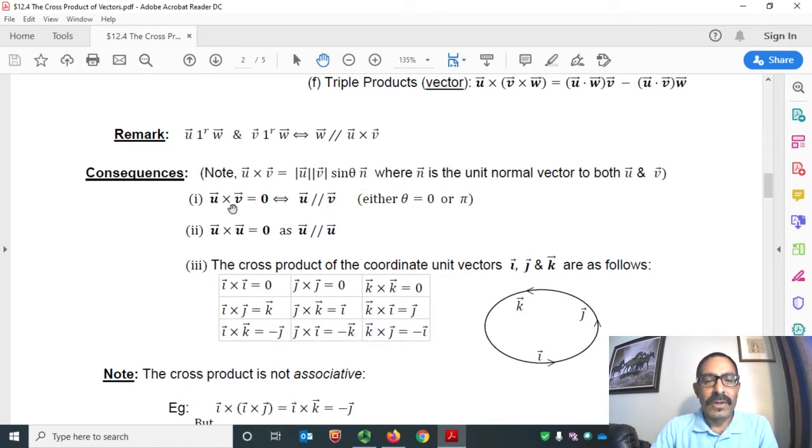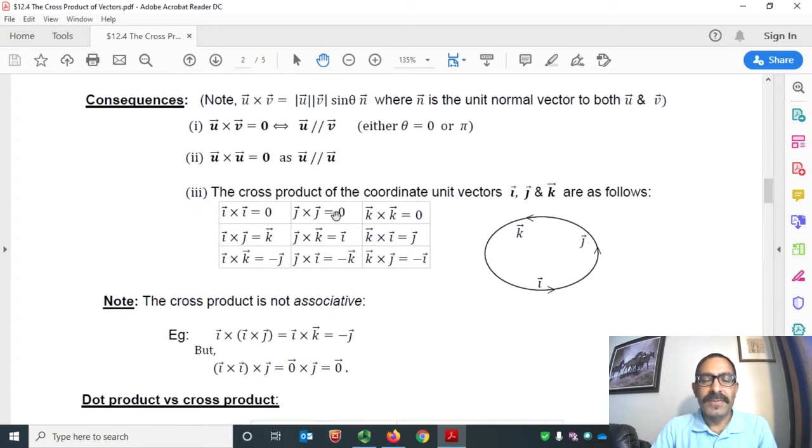Then U cross V equals 0 if and only if U is parallel to V, because for parallelism we have either theta 0 degrees or pi. In both conditions sine 0 is 0, sine pi is 0, so U cross V is 0. If I cross the vector with itself, it is always 0 because the angle is 0 degrees.